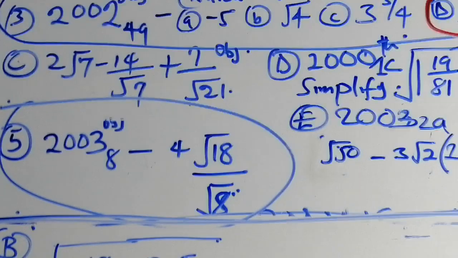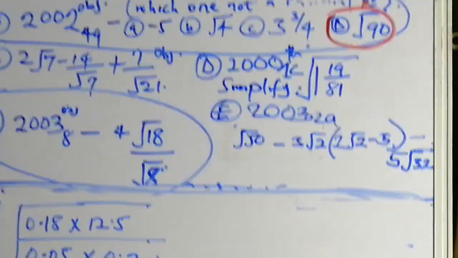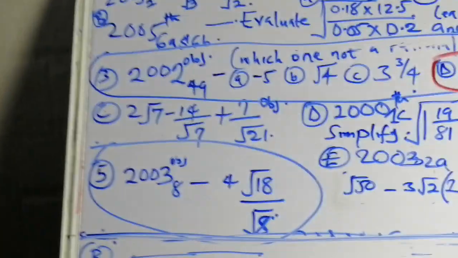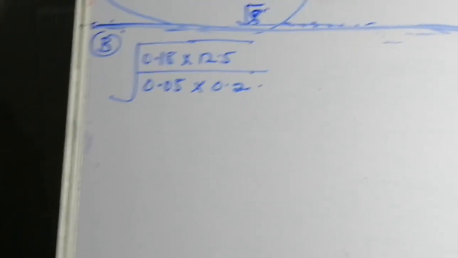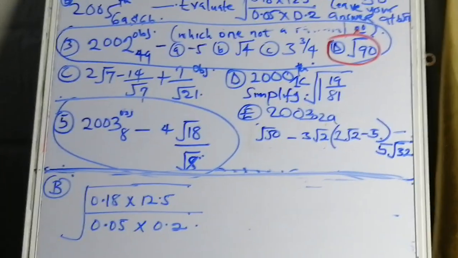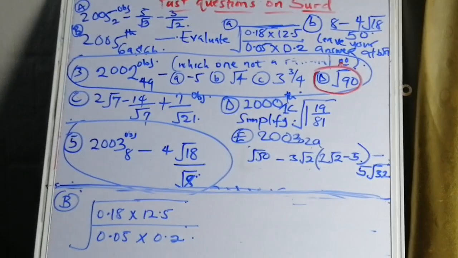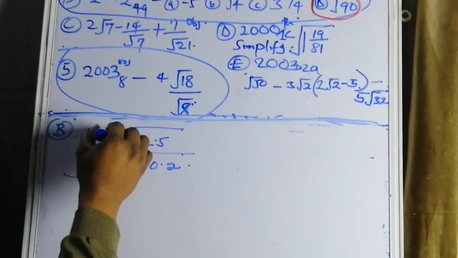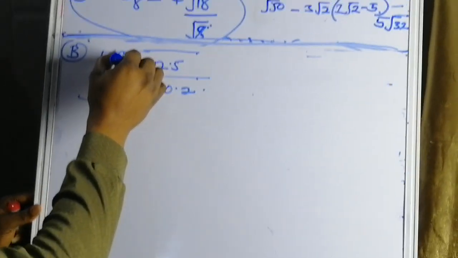0.05 times 0.2. Don't forget, in surds, in the first part of the presentation, I said we can convert this to a normal fraction. I gave you a decimal number and I said you can move the point 2 times or 3 times in part 1.